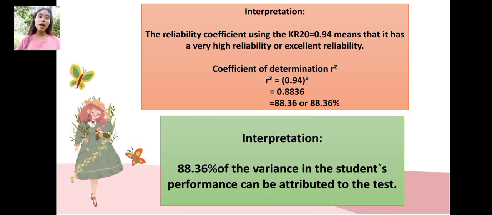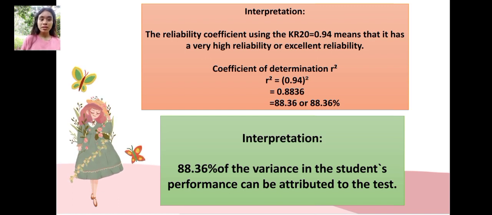All we have to do is multiply it by itself: 0.94 times 0.94, we have 0.8836. And now for the final answer, we have 88.36% as our coefficient of determination.